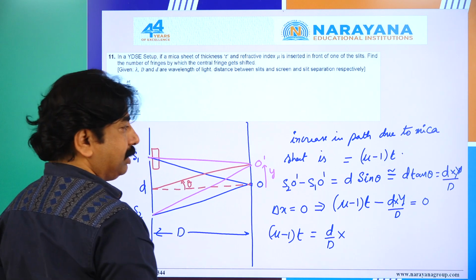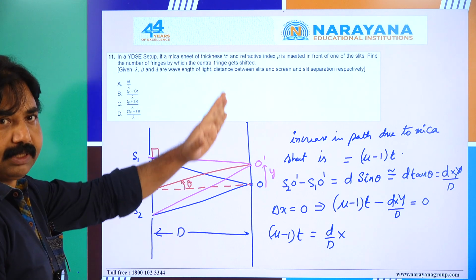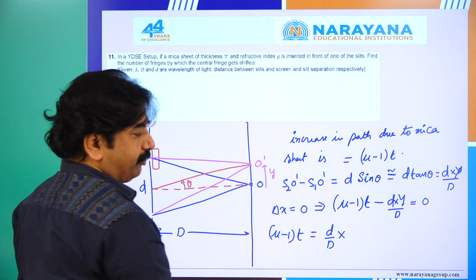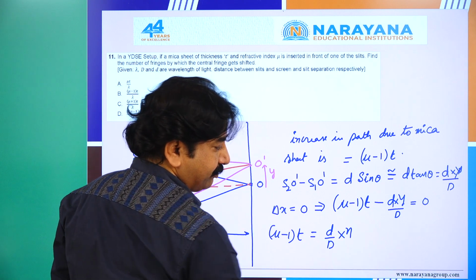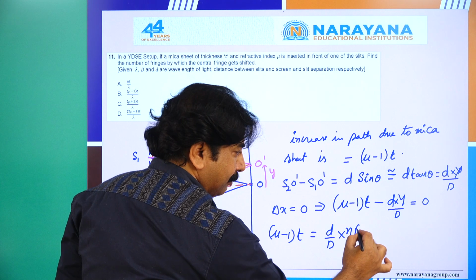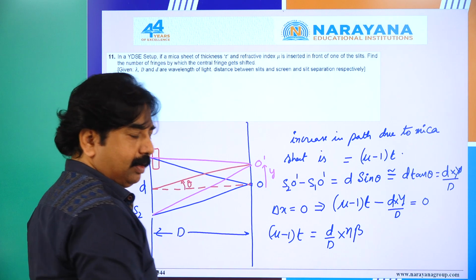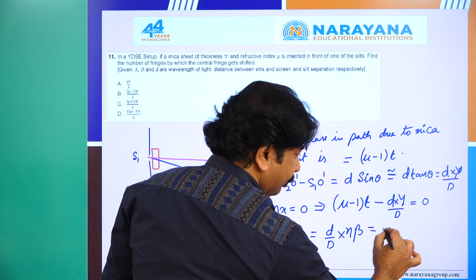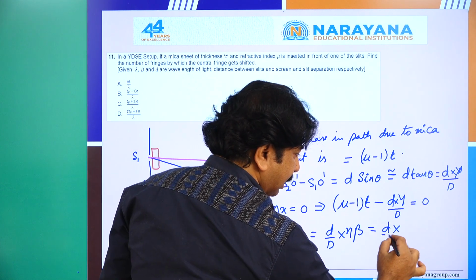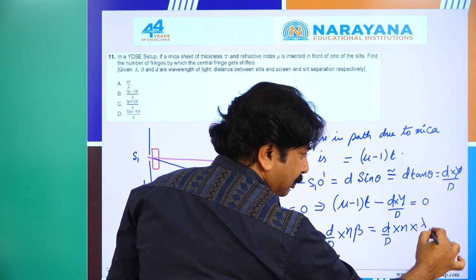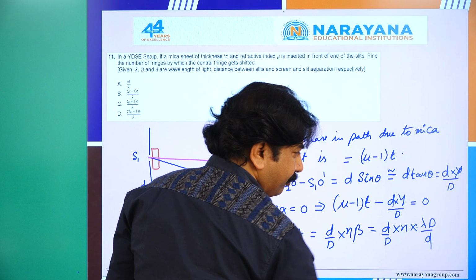But y, they are asking in terms of the number of fringes shift. So if n is the number of fringes shifted, write n into beta instead of y. That should be d by capital D of n into lambda into capital D by d, which is the formula for the fringe width.